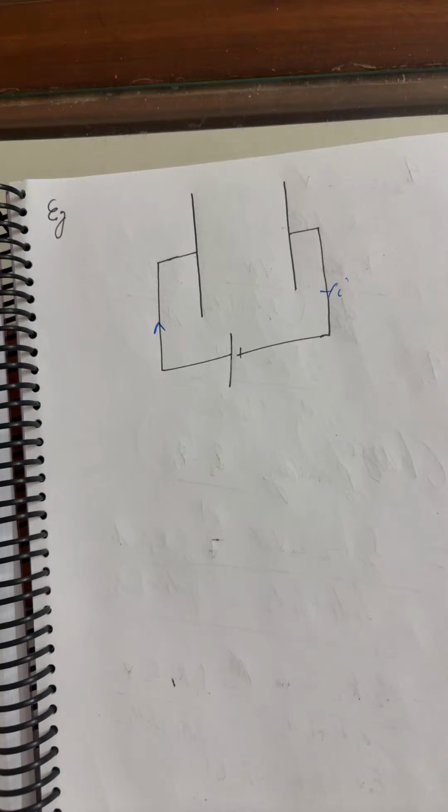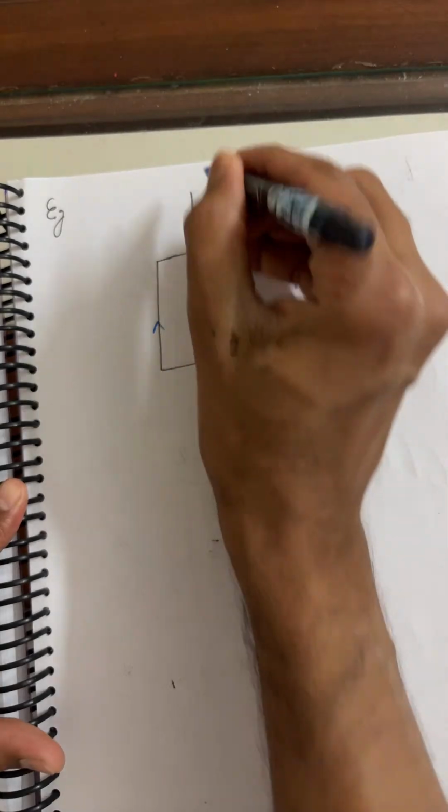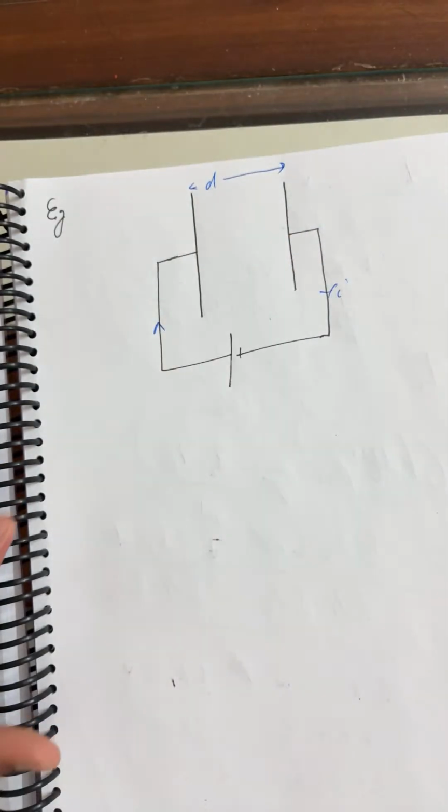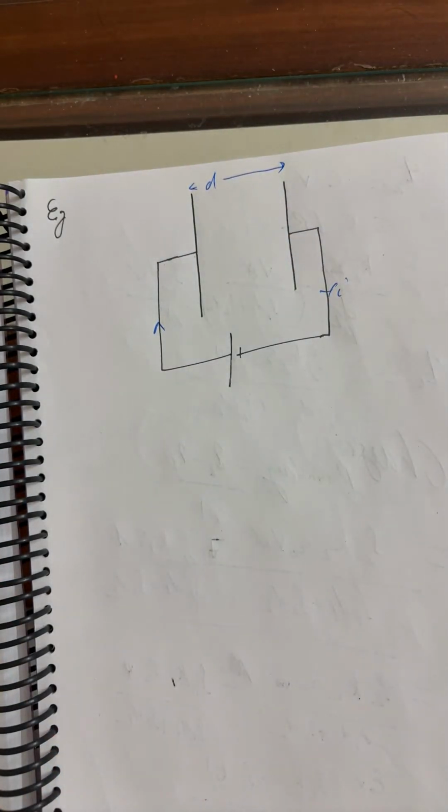This is the capacitor filled with a poorly conducting medium whose resistivity varies linearly in the direction perpendicular to the plates. Let us say D is the separation of the plates. There is a linear variation of resistivity perpendicular to the plates. So here you can write easily, it's not tough at all.